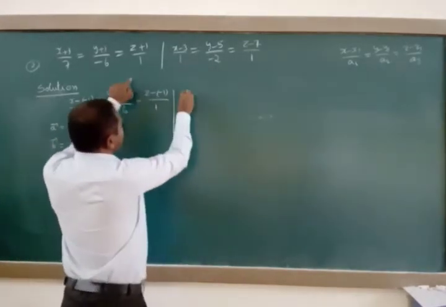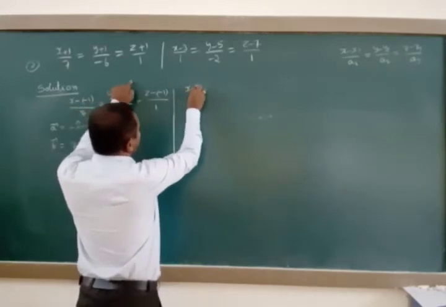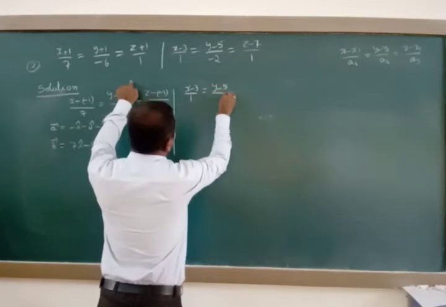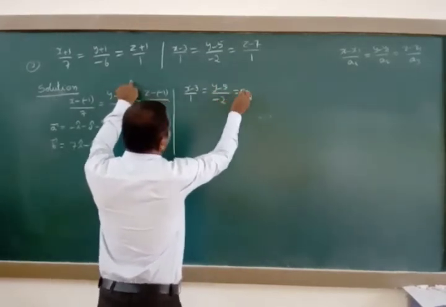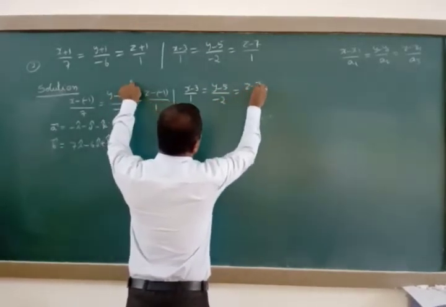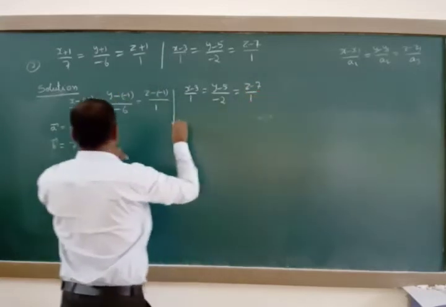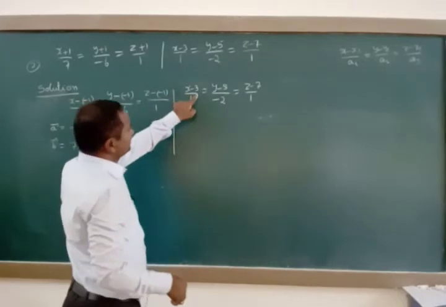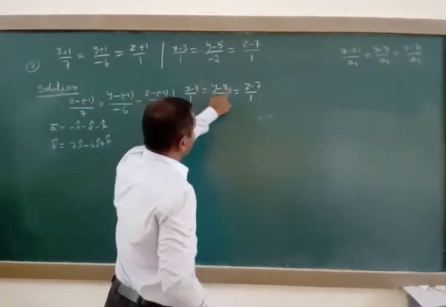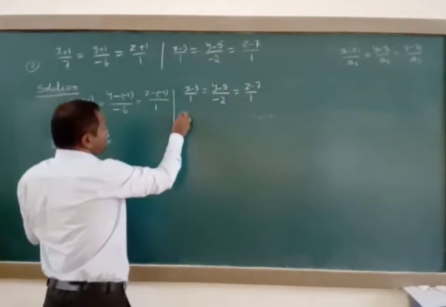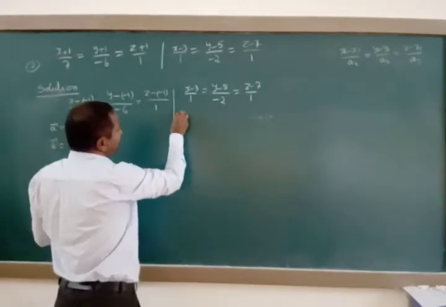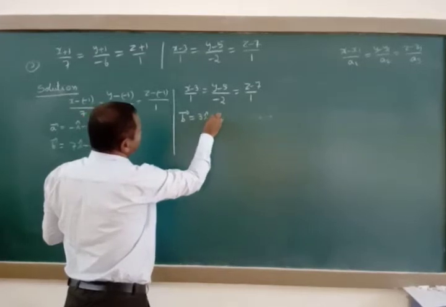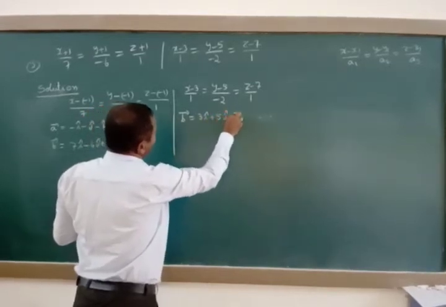You convert this other line also into this form: x minus 3 by 1 is equal to y minus 5 by minus 2 is equal to z minus 7 whole divided by 1. Comparing, it is also in that form. The first point is 3, 5, 7, that is the position vector of that point, c vector equal to 3 i cap plus 5 j cap plus 7 k cap.